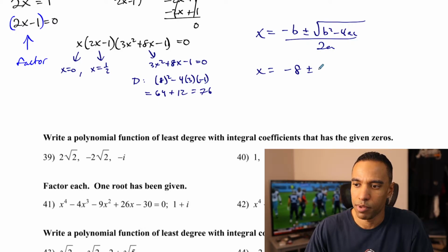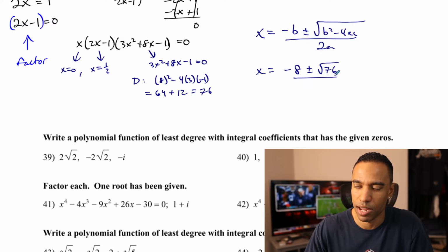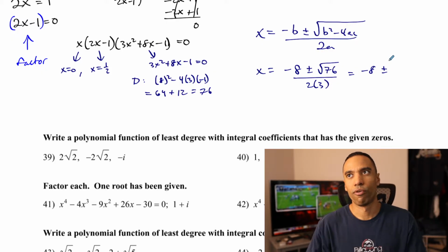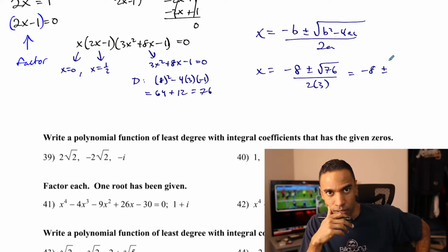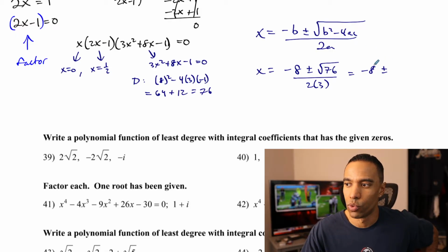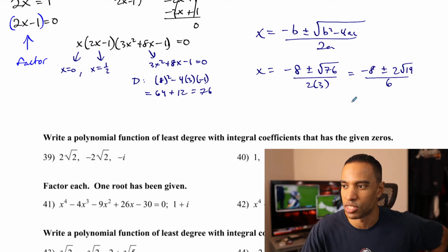x equals negative b plus or minus the square root of b squared minus 4ac all over 2a. All right, 76 is 4 times 19. So root 4 times root 19 will give me 2 root 19, and this is all divided by 6.